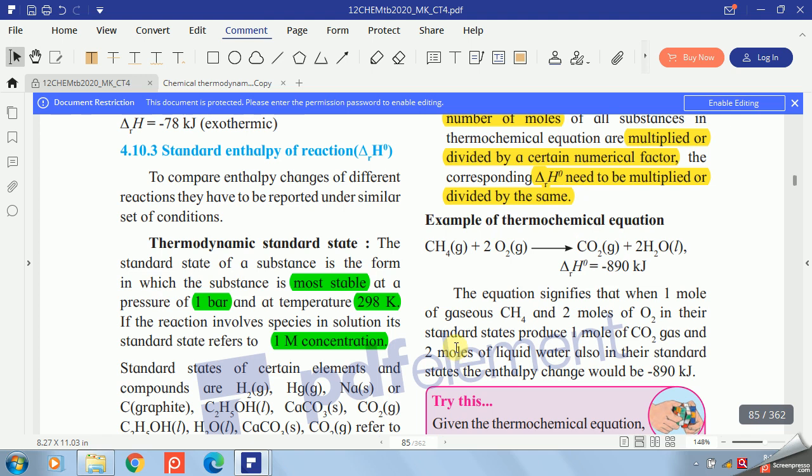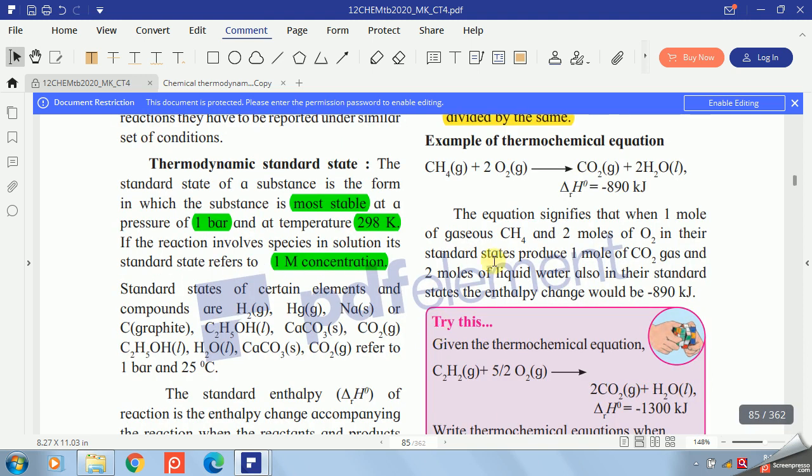Here one equation is given: methane CH4 plus 2O2 gives 1 mole of CO2 plus 2 moles of H2O liquid, and the standard enthalpy of this reaction is minus 890 kilojoule. This indicates that 1 mole of CH4 reacts with 2 moles of oxygen to give 1 mole of carbon dioxide and 2 moles of water.